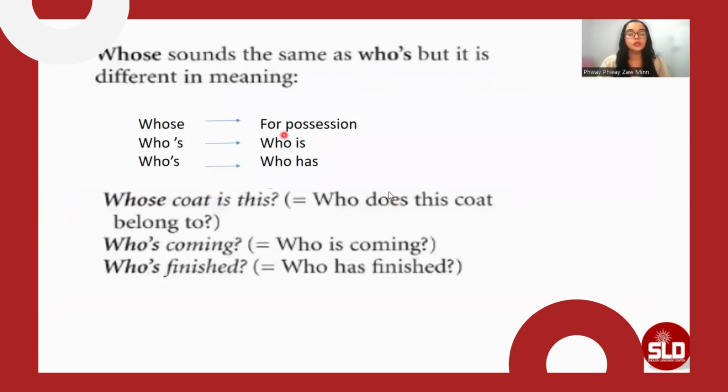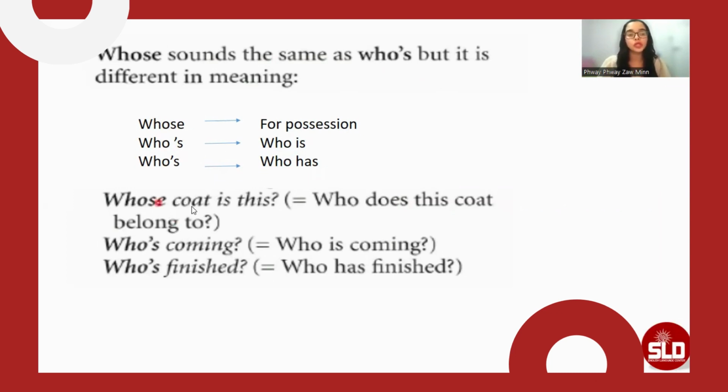Okay, so whose has the same sound as who's, W-H-O apostrophe S, but they have different meanings. Whose, W-H-O-S-E, we use for possession. Who's, W-H-O apostrophe S, is the contraction meaning who is, or it also means who has.